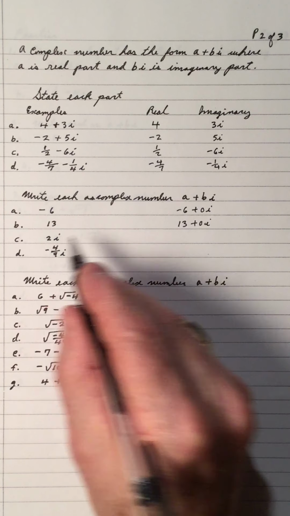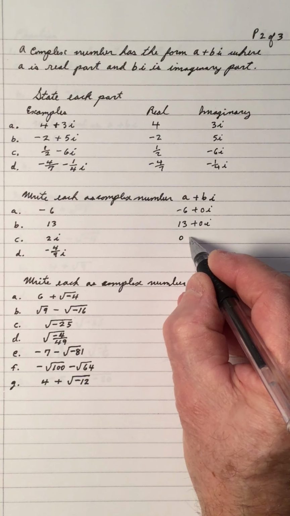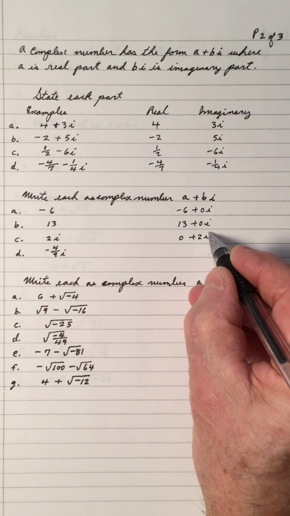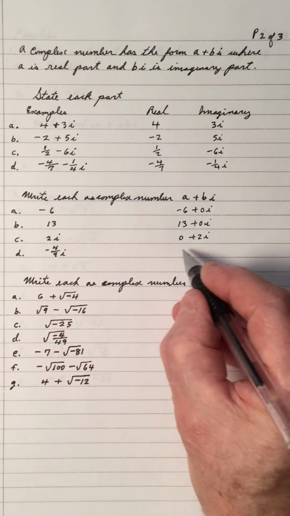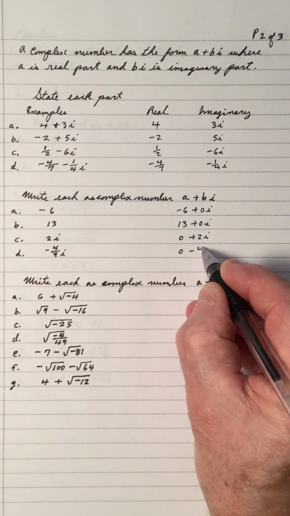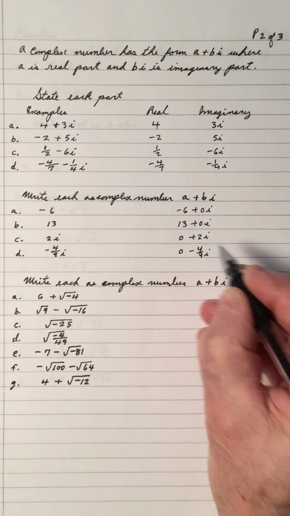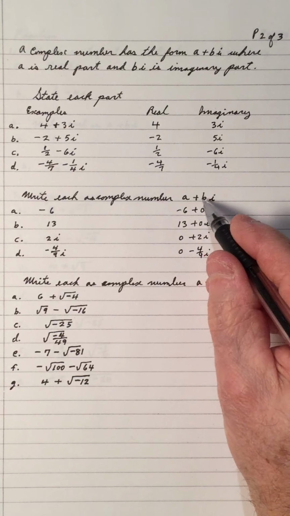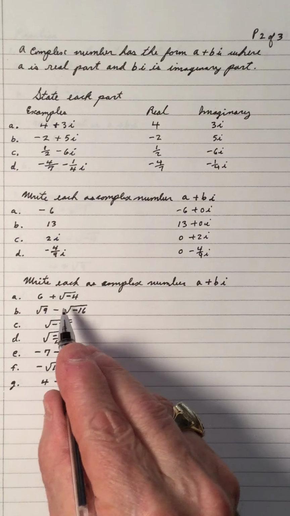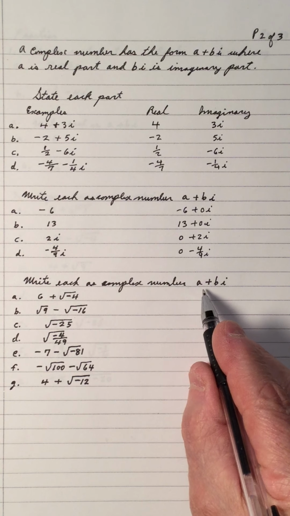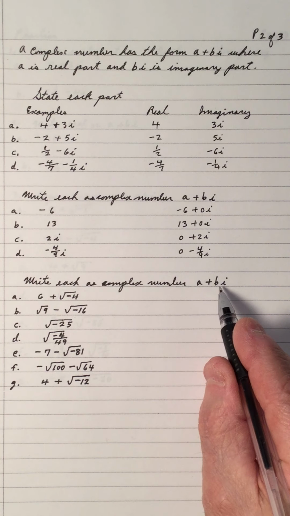C, 2i. There's no real part, but 2i is imaginary. And a negative 4 over 9i is 0, subtract 4 over 9i, written in the complex form of a plus bi.